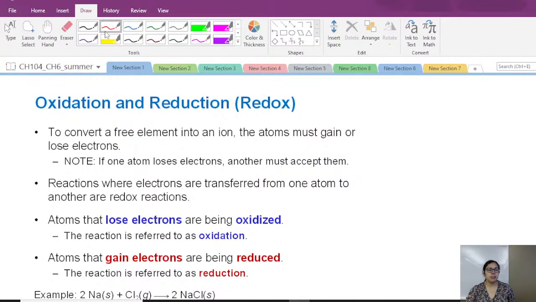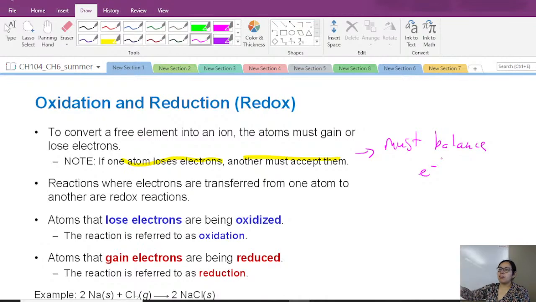The concept is that if one atom loses an electron, another must accept it. This also means that our redox reactions must be balanced, which is something else we'll look at. We must balance our electrons. If you have 6 electrons being donated, 6 electrons have to be accepted from somewhere.